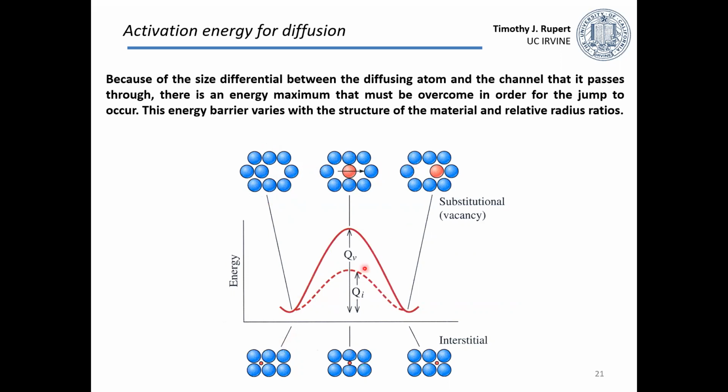In the other case, this interstitial can find a little meandering pathway through that open space. So that manifests in the energy required for this event to happen too. The energy for vacancy migration tends to be higher than the energy for interstitial migration.